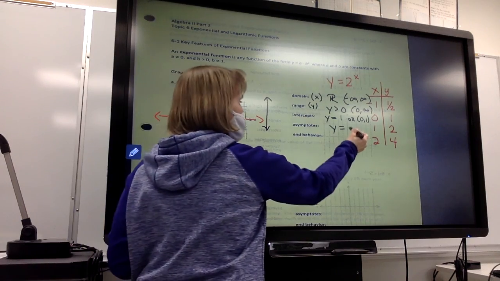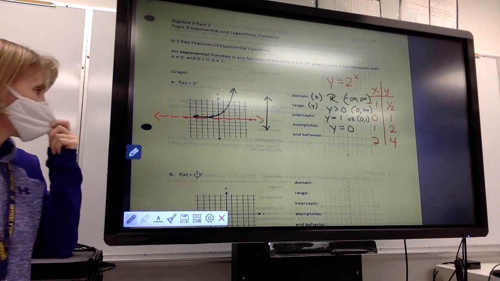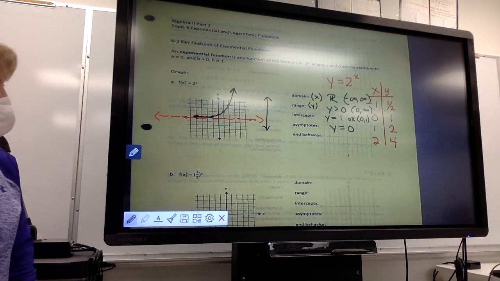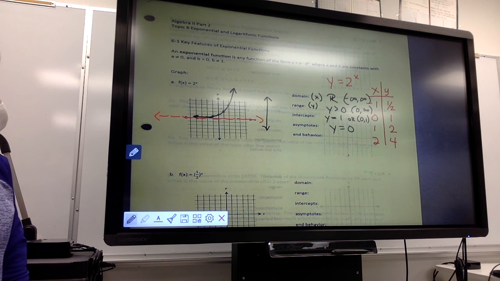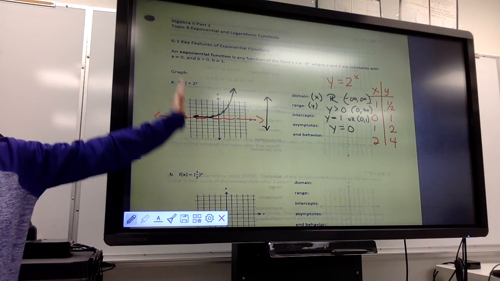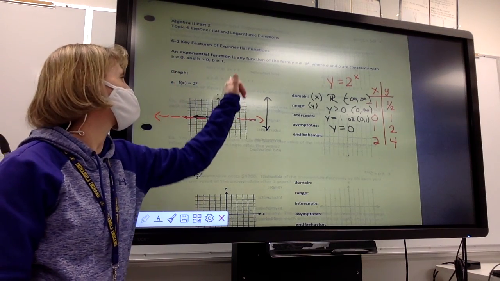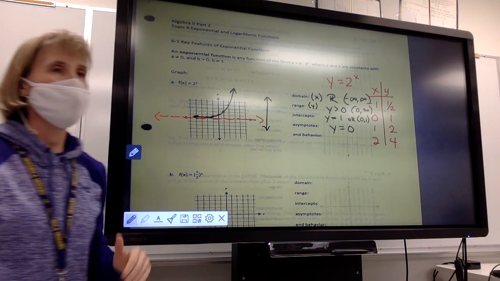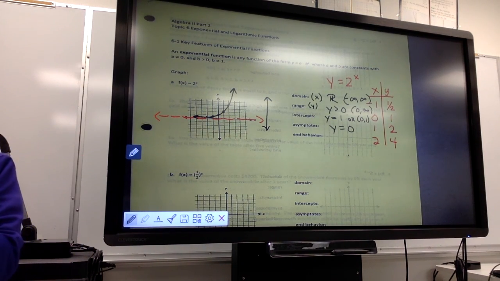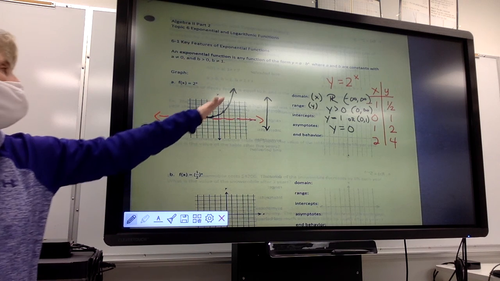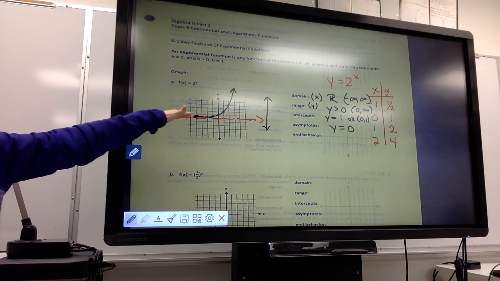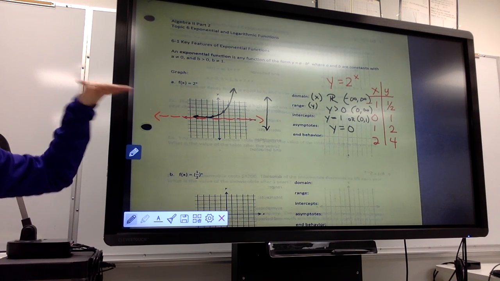So I would say y equals 0 is the asymptote. We don't have a vertical asymptote here because it's going to keep going to the left, and it's going to keep going as it goes up. It's going to keep going out. So there's nothing that it approaches with stopping. Whereas right here, it's going to flatten out, and even though it's going to get closer and closer to that red line, it's never going to touch it.